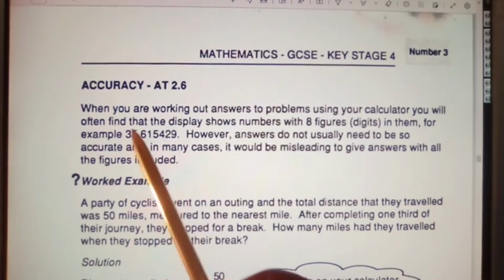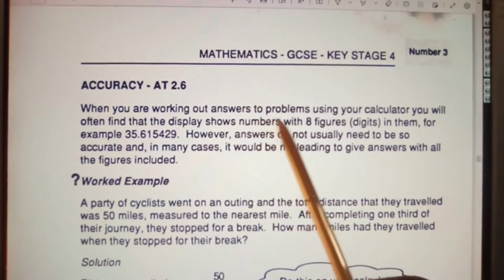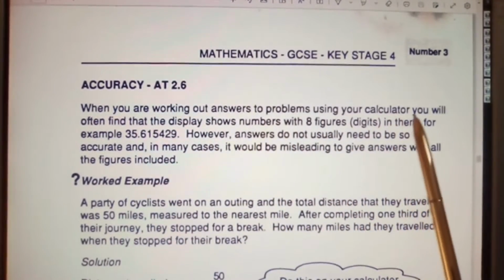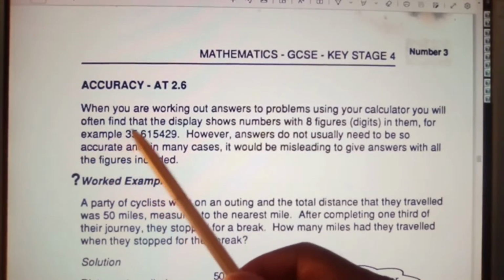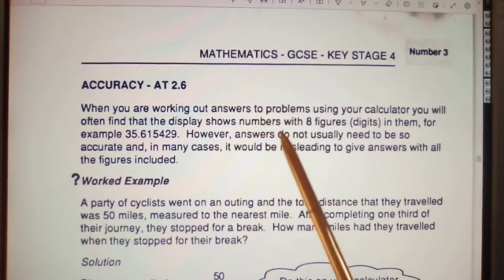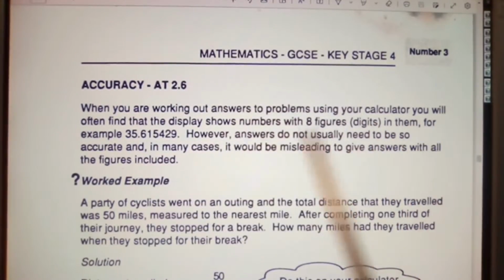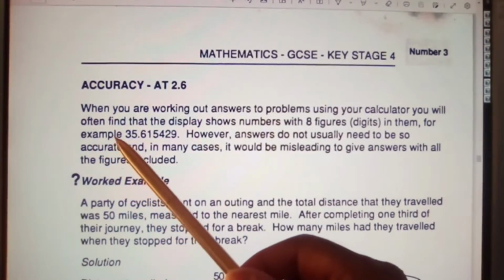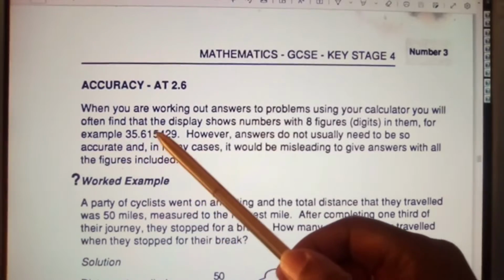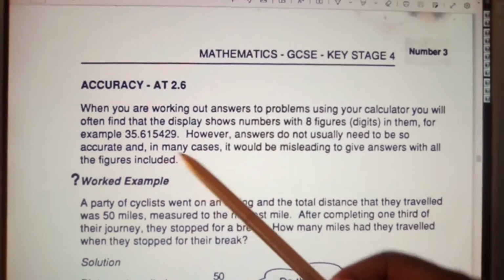Okay, so when you are working out answers to problems using your calculator, you will often find that the display shows numbers with 8 figures, digits in them. For example, 35.615429.